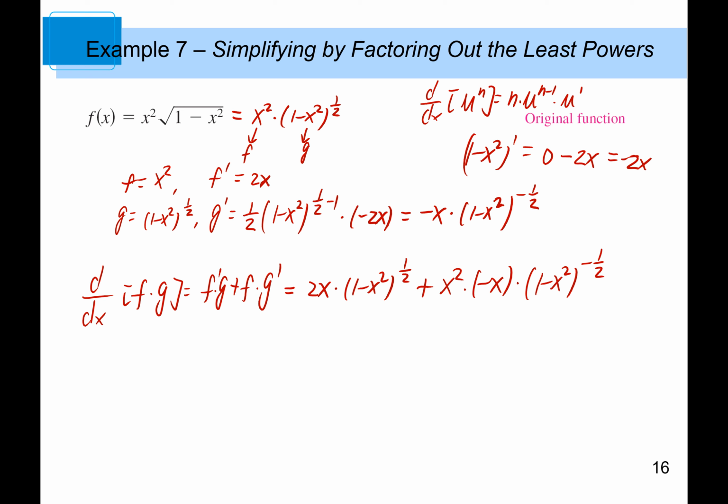Okay, so right here we're going to factor something out, right? So let's factor out the GCF of x and 1 minus x squared to the negative half. Whatever remains is 2 times 1 minus x squared to the first power, minus x squared.